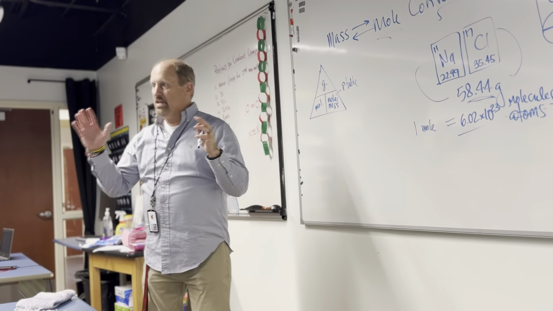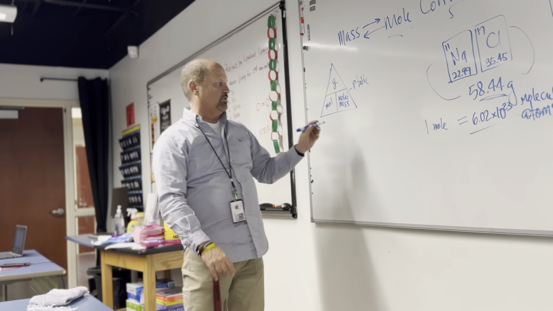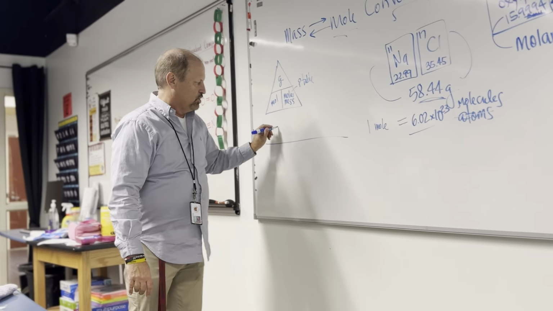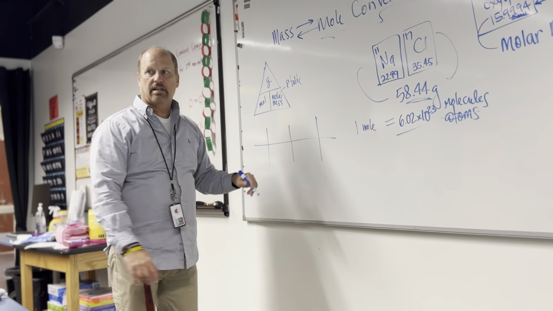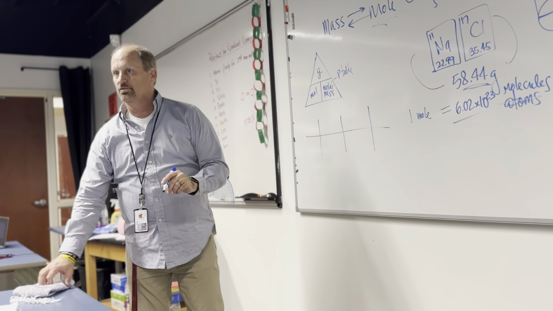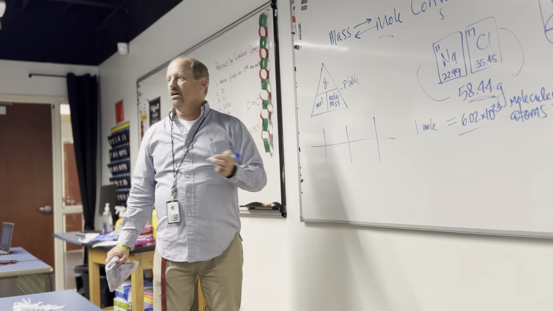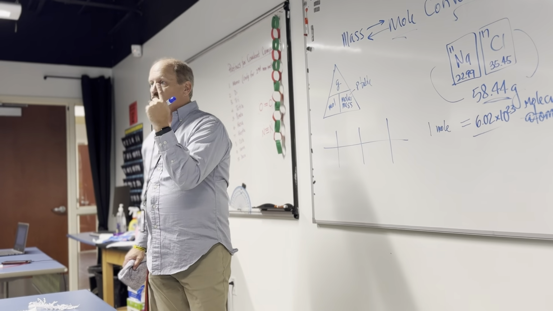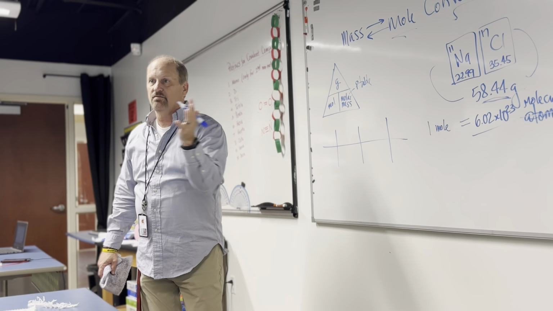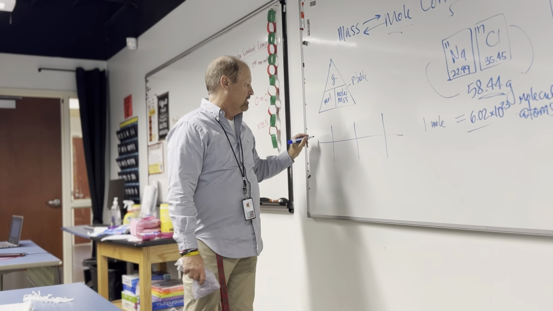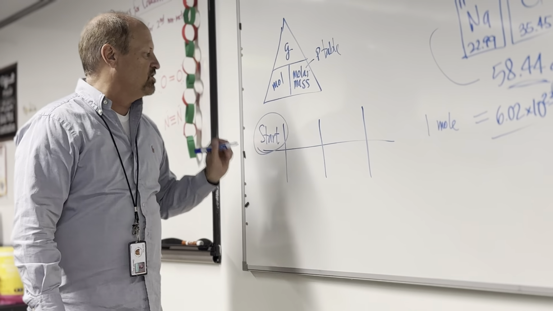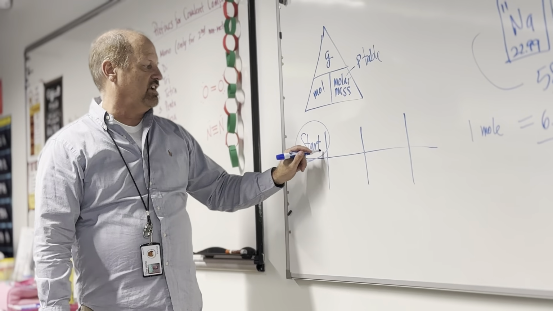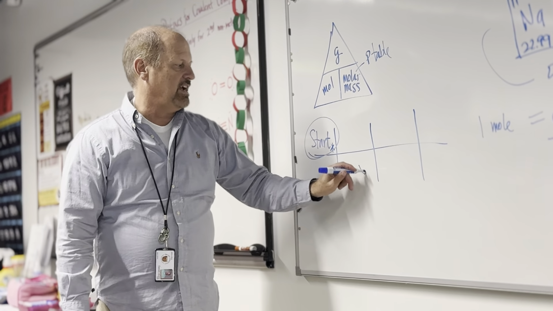We are definitely going to be doing the ones that have the drawn out unit analysis, where we cancel all the units. We're going to be doing those. But I want to show you the shortcut version first, because the shortcut version really lends itself to what to do next. This is where you start, and if you remember on this unit analysis thing, whatever the units are here have to match here.